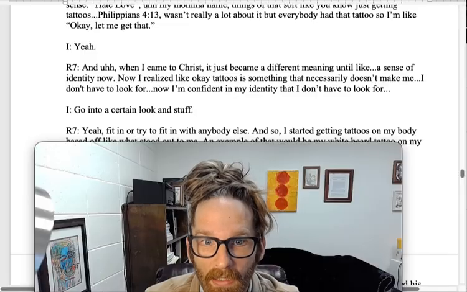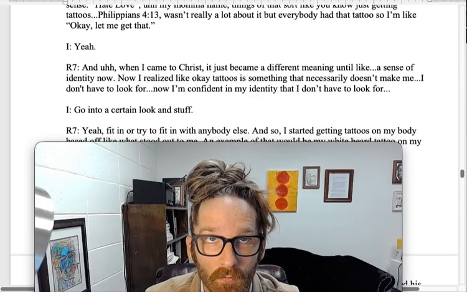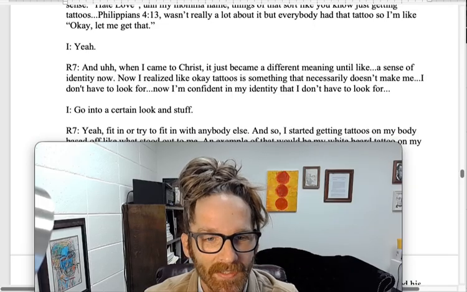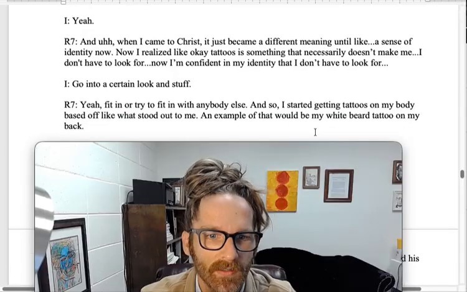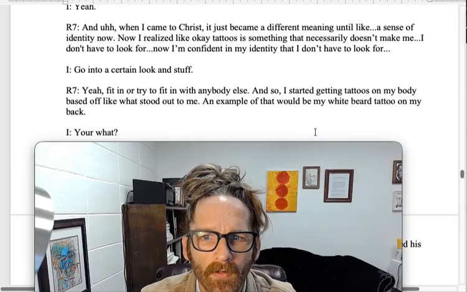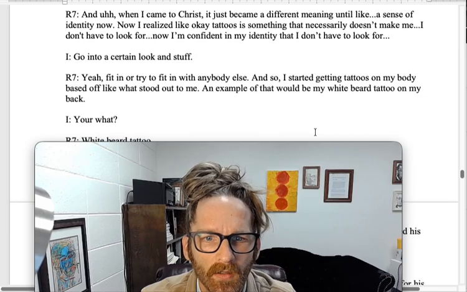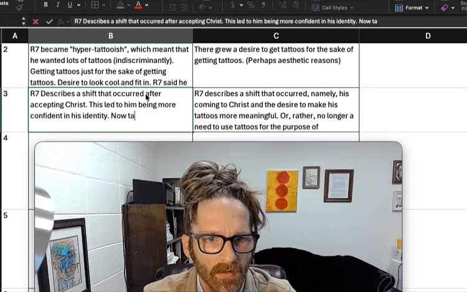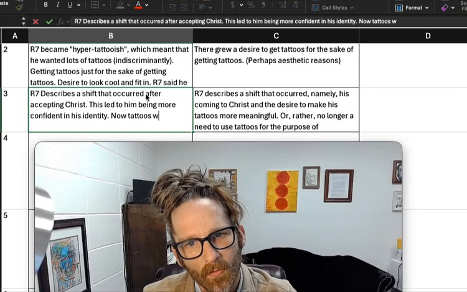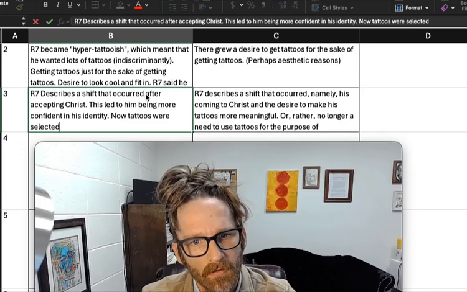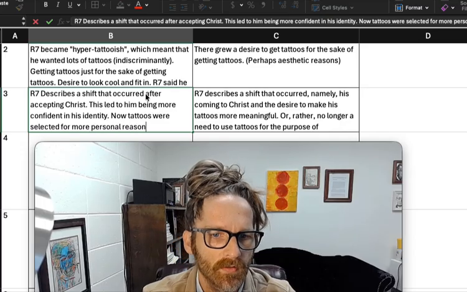And I could infer from that he doesn't need the tattoos now to like represent himself. Don't have to look for, I don't have to fit in with anybody else based on what stood out to me. Now tattoos were selected for more personal reasons.